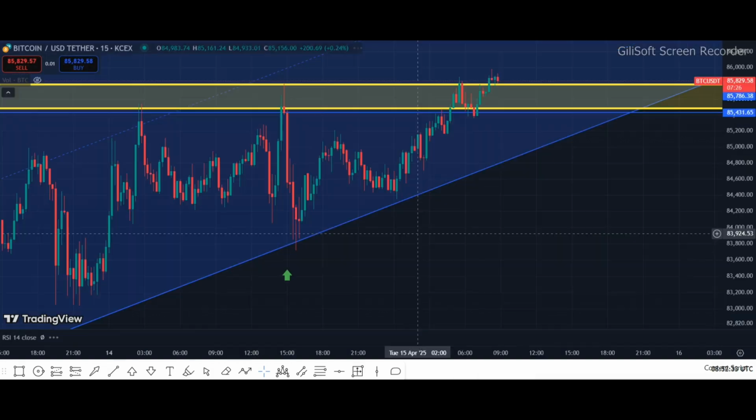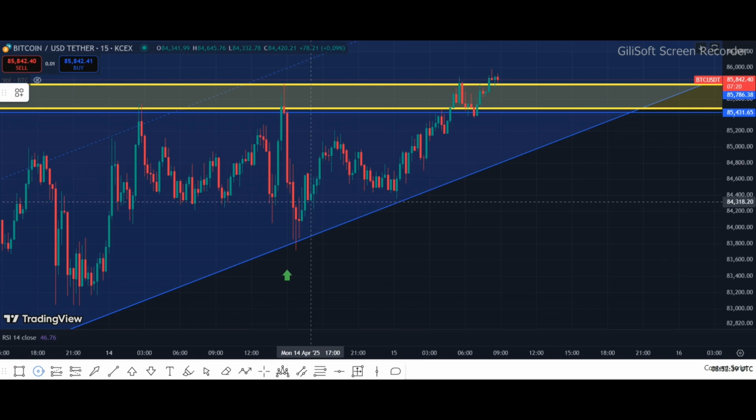It's past our entry point, but it can give us a perspective to enter a long trade if the upper resistance is broken. Now it's time to go to the lower time frame and look for a confirmation candle.